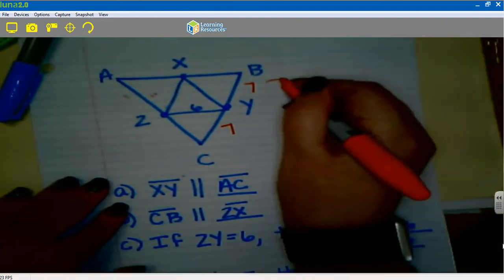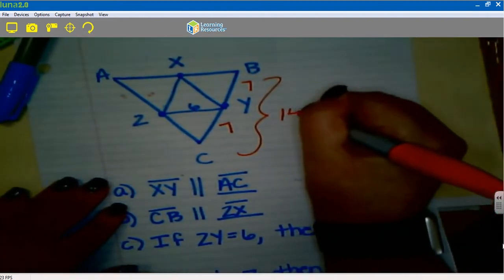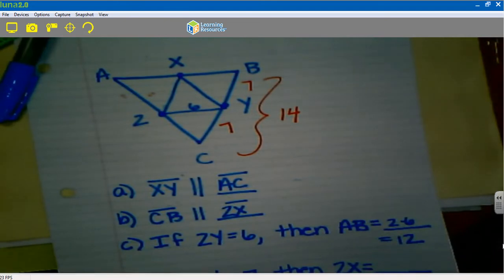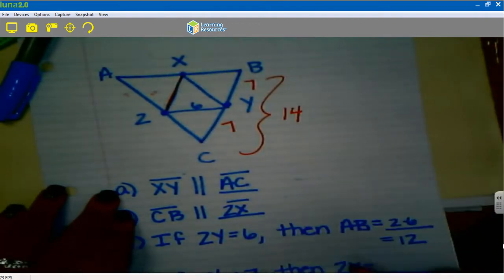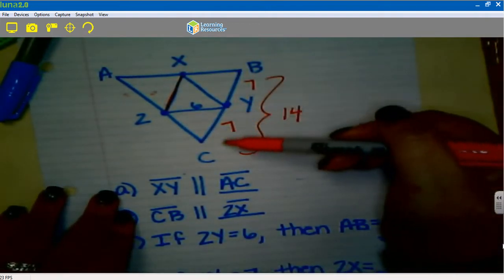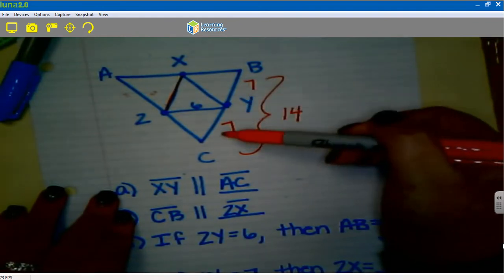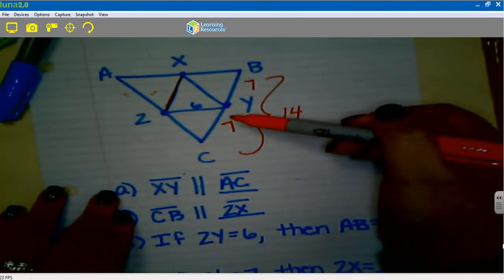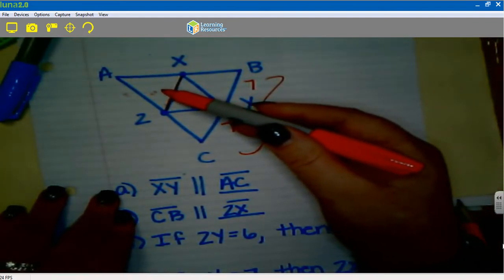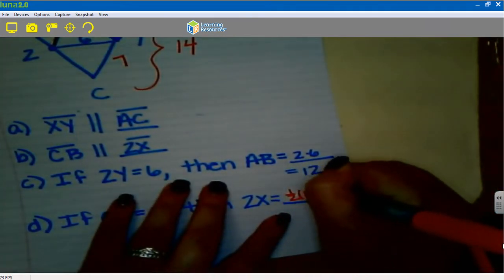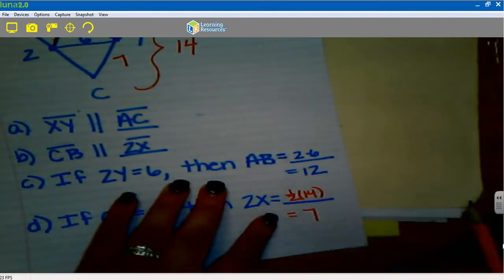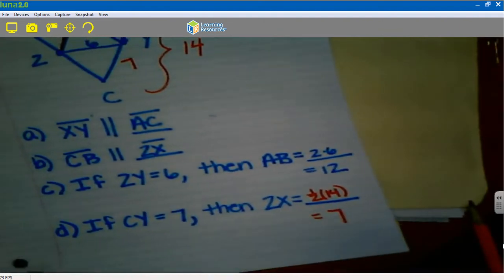So this entire side is 14. Okay, the question is, what is ZX? Well, if we know the side of our triangle, then we take half of it to get the midsegment. So we're going to do half of 14, which is 7.